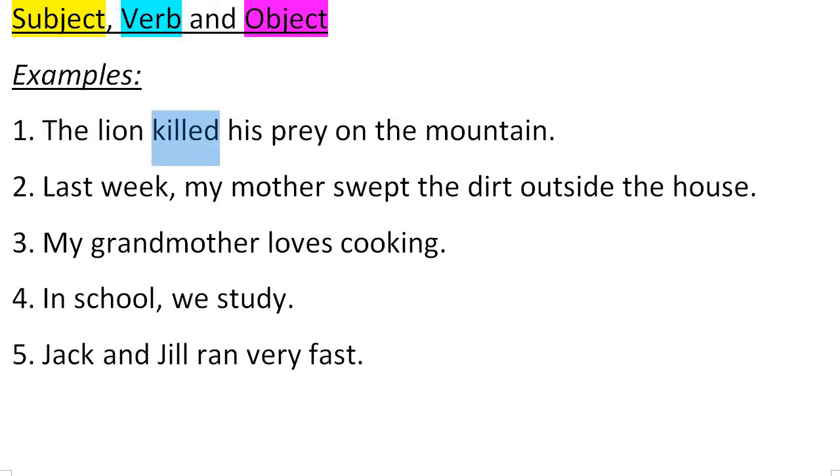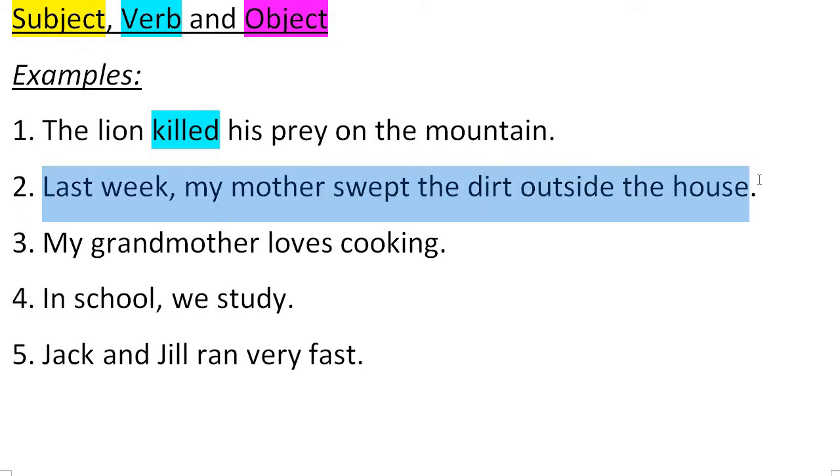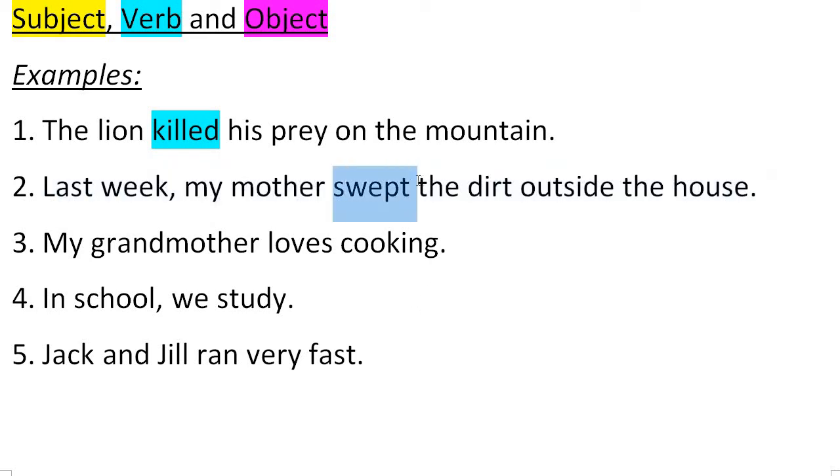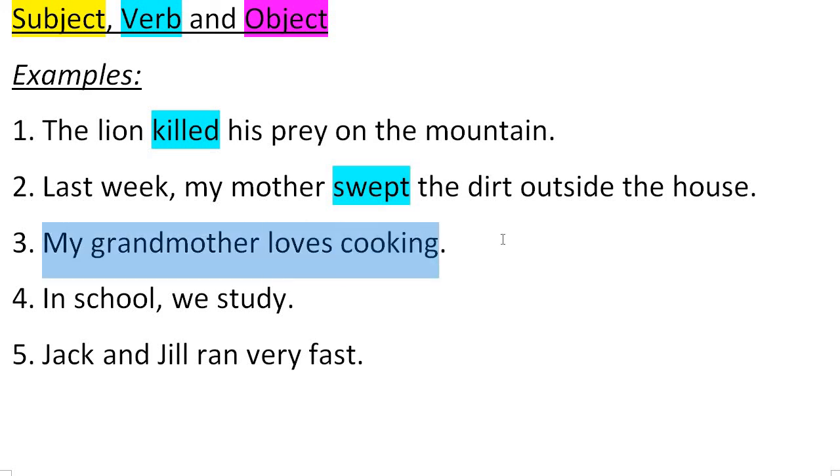It is, of course, killed. Right. Second one, give you a few seconds. Swept, being the past tense of sweep. And the third one over here is tricky. See if you can figure that out.